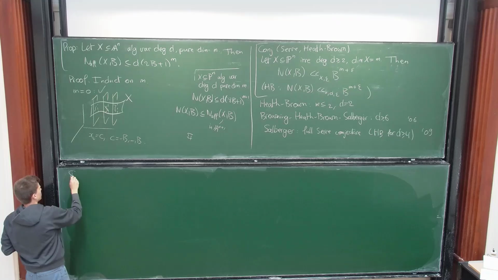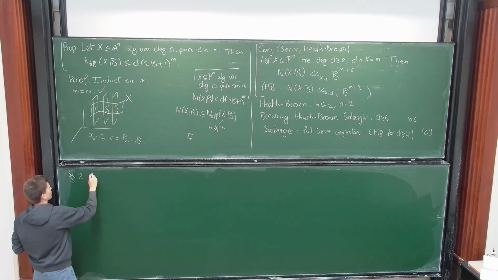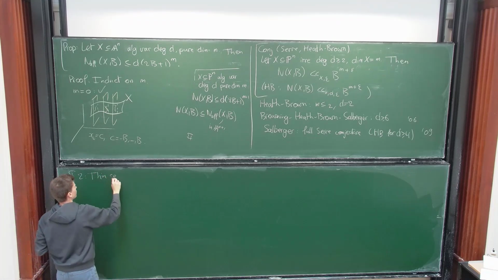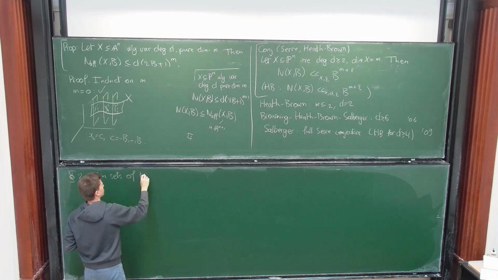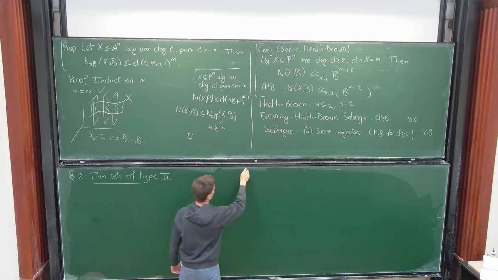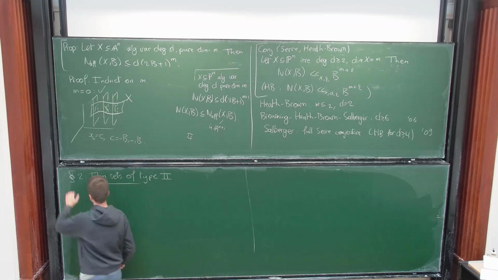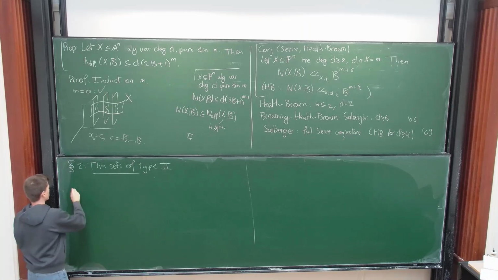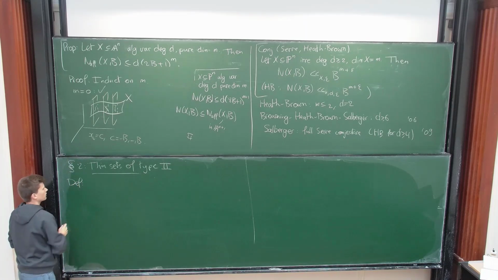Okay, so these were thin sets of type 1, and there are also thin sets of type 2. The definition is a little bit more complicated.